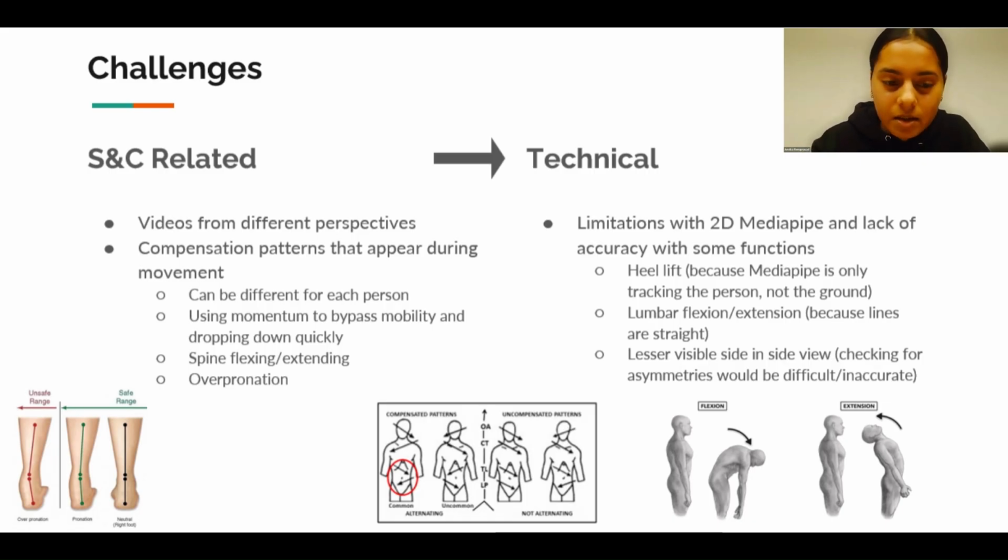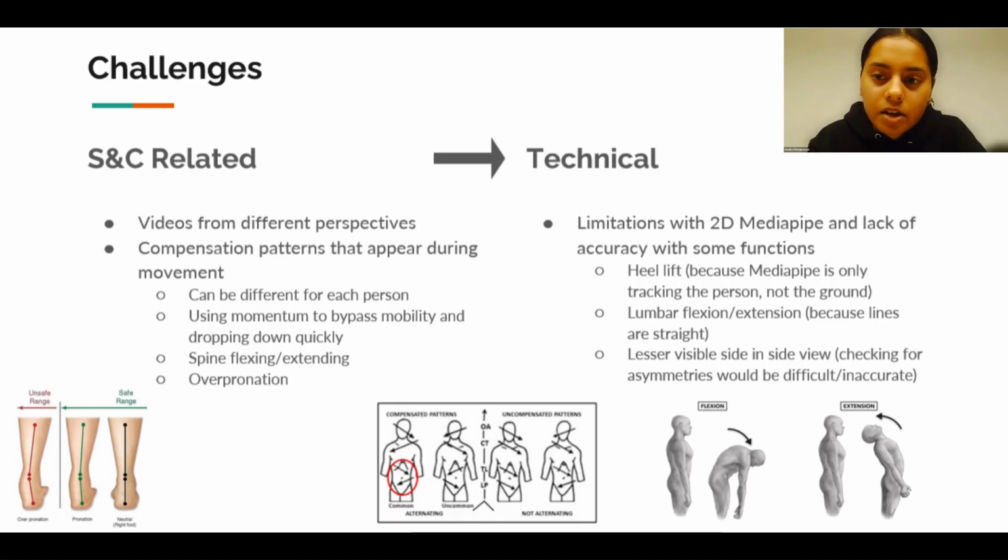But as I was saying, another compensation pattern is the spine flexing or extending. And then lastly, overpronation, which is shown here. All of these challenges ended up being technical challenges as well because I had trouble implementing or fixing the issues.